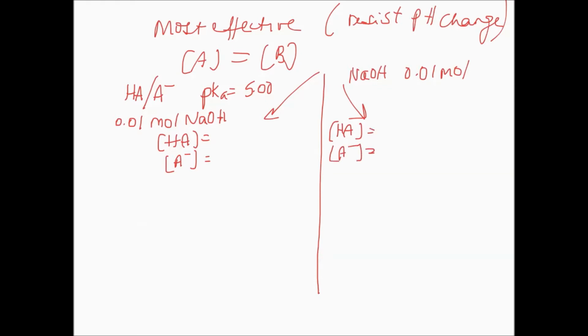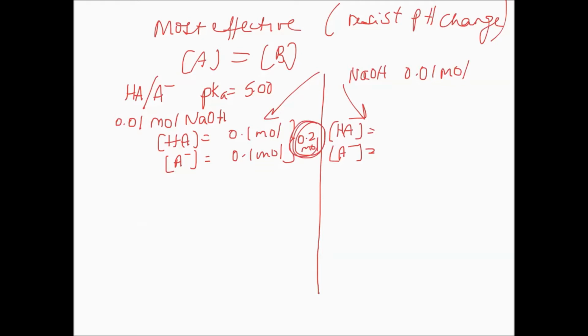Okay, and in the first one you have equal amounts of the acid and the conjugate base. So you can envision that you have 0.1 moles of the acid and 0.1 moles of the base. So together they sum up to 0.2 moles total of both the acid and the base.